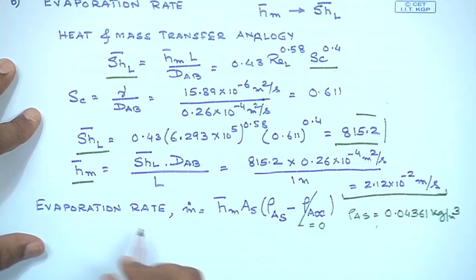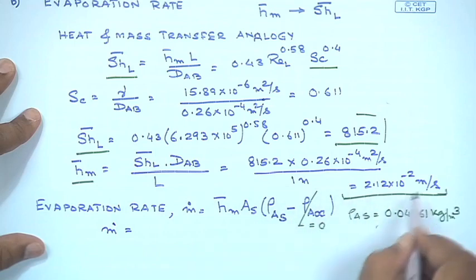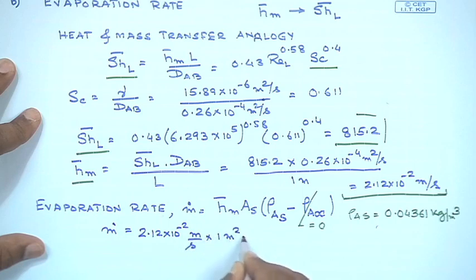Therefore, when you put in the values, m dot would simply be equal to h m, which we have evaluated to be 2.12 into 10 to the power minus 2 meter per second, times the area of 1 meter square, times 0.04361 kg per meter cube.